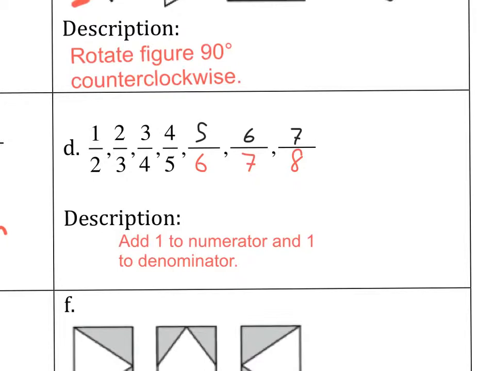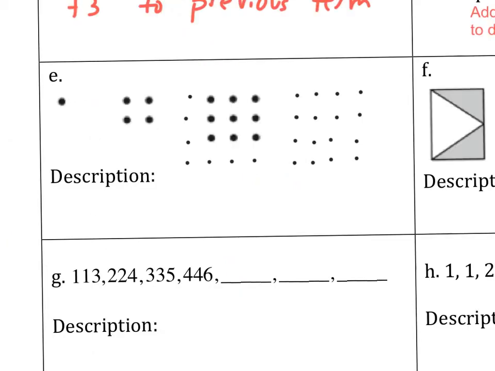What's the description? The term number is the dimension of the square. So in other words, the 15th shape is a 15 by 15.